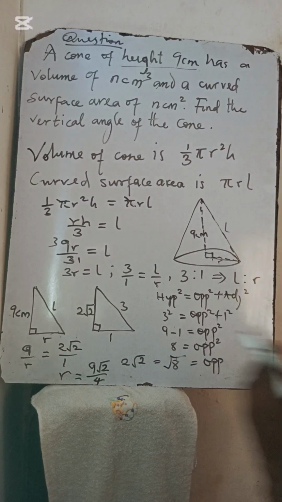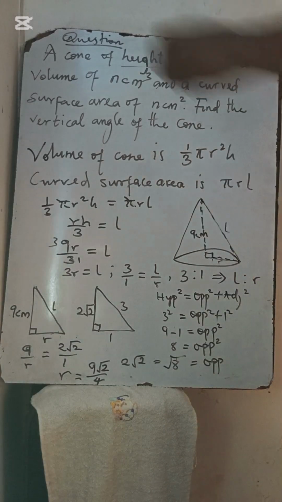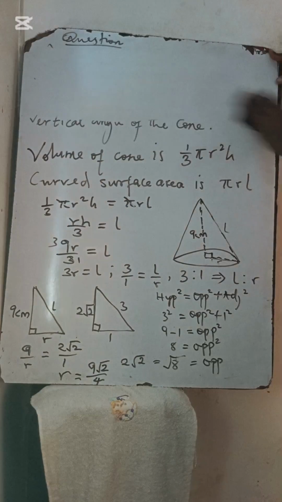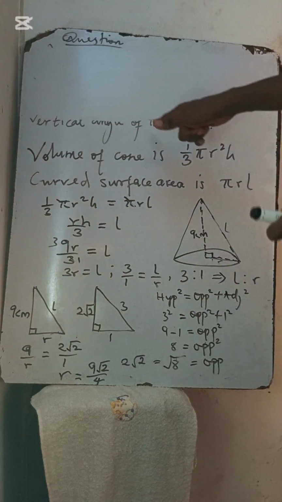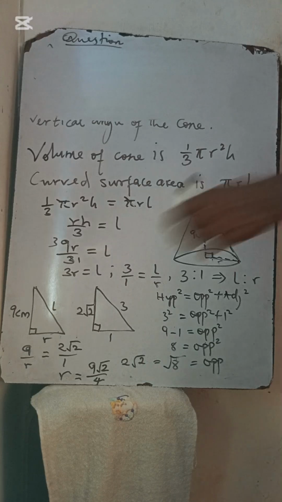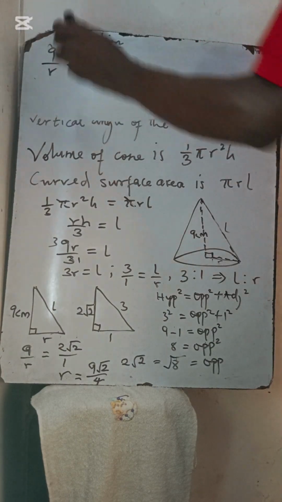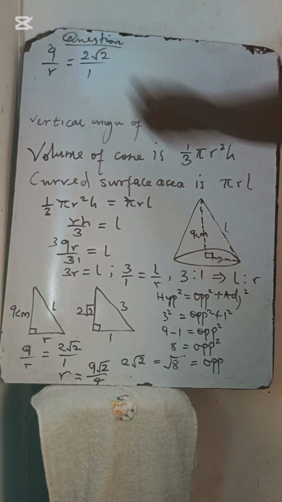All right, and to have this in a basic term, let's put it up here. The vertical angle of the cone, that's what we're asked to find. So let me quickly take this as 9 over r is equal to 2 root 2 over 1.